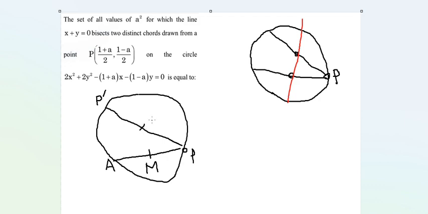And of course, there's a center O. Angle P dash AP will be a right angle, like so.